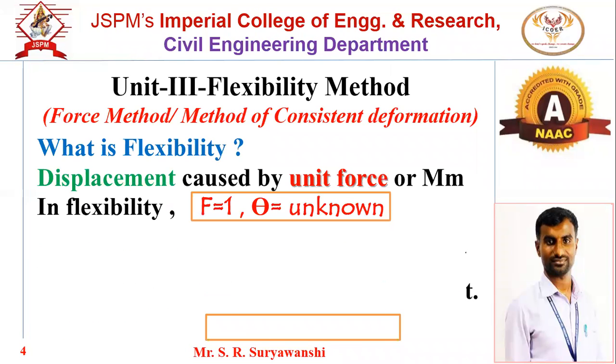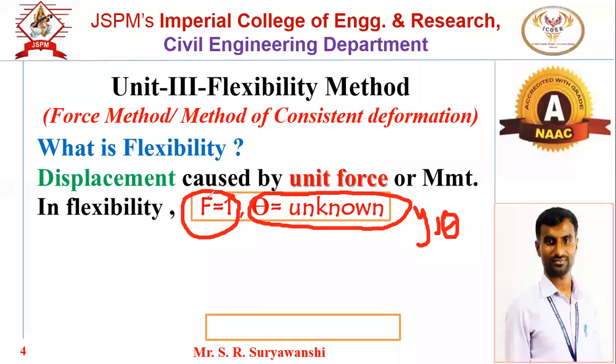So what is the definition of flexibility? It is the displacement caused by unit force, or unit movement. So in case of flexibility, we have to find out the theta, as we have discussed, the displacement. In case of beam, that will be deflection or slope when the applied force is unity, or 1.